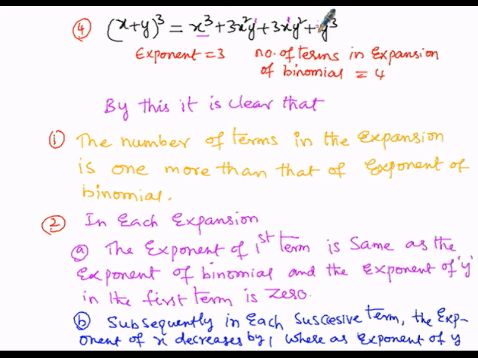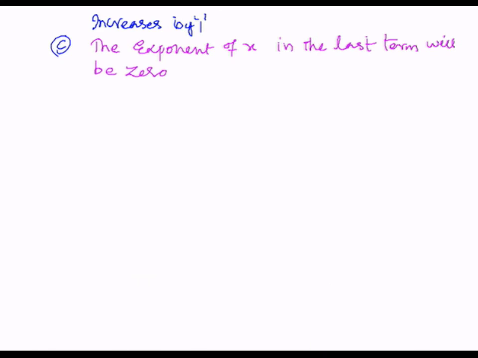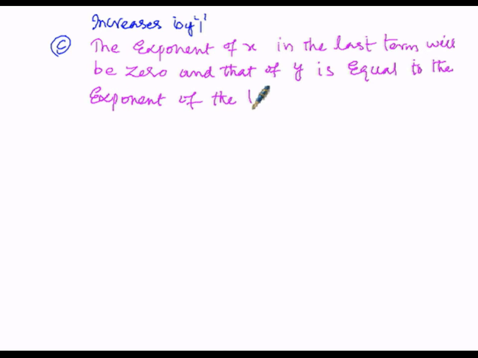The y exponent will be equal to the exponent of the binomial. So the last term has x exponent 0, and the exponent of y is equal to the exponent of the binomial. In this manner we can frame it when the exponent of the binomial is n.